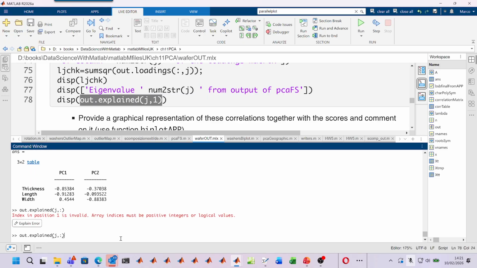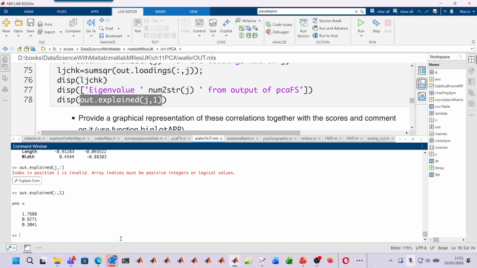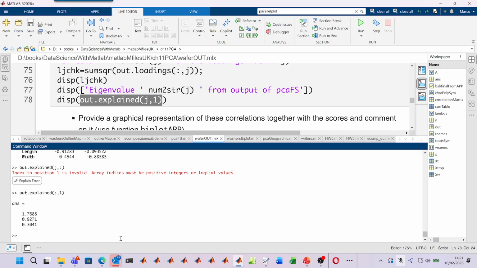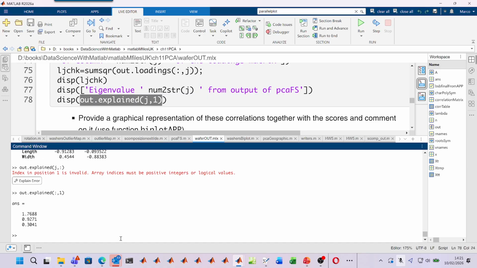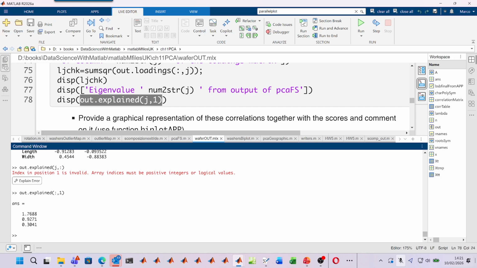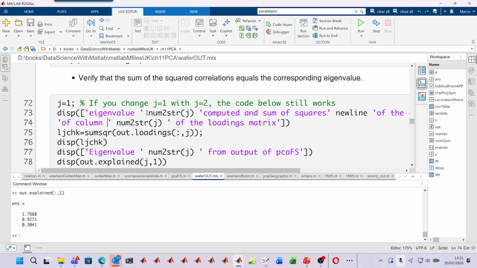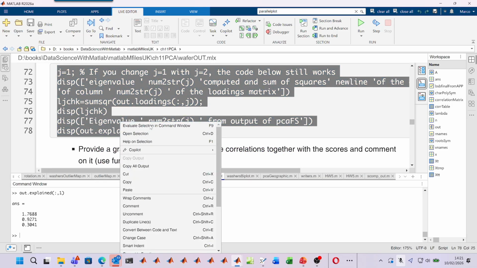So it is all rows and first column. The sum of squares of the first column is equal to 1.7688. The sum of the squares of the second column is equal to 0.9271. Clearly you define the variable j, and then you compute the sum of squares of the jth column, and then you compare it with the corresponding eigenvalue.